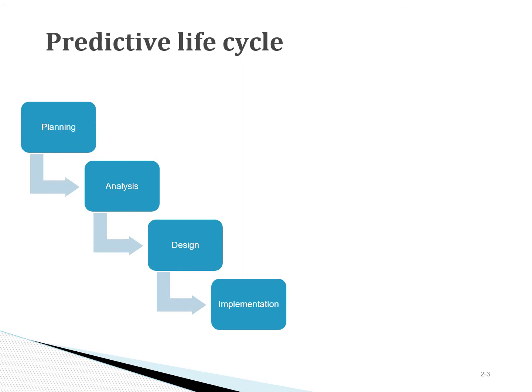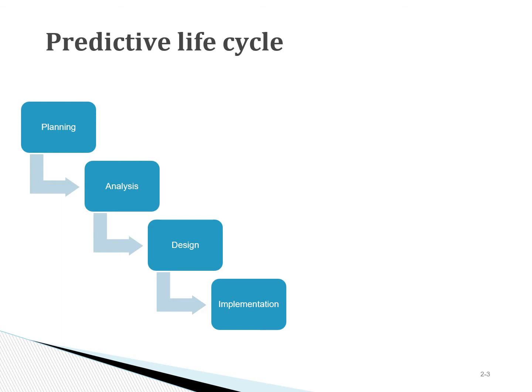So when we look at the life cycle of a project, there are a few different types of life cycles. The first one we talk about is the predictive life cycle. This is more of a linear approach. Sometimes it's called the waterfall approach.